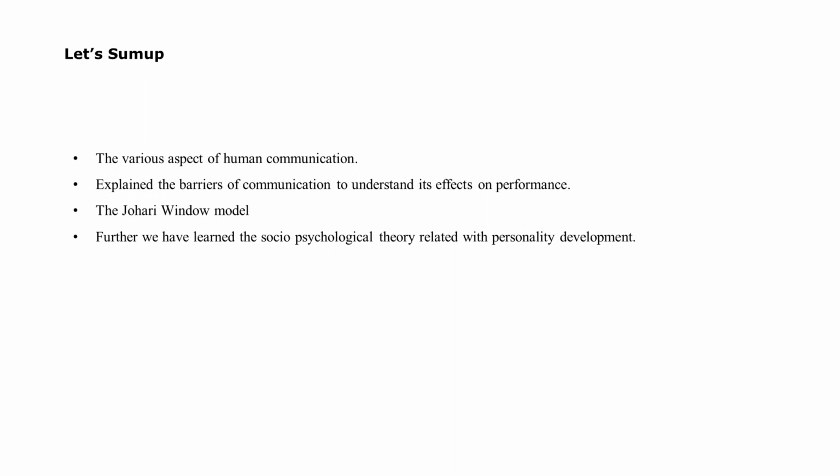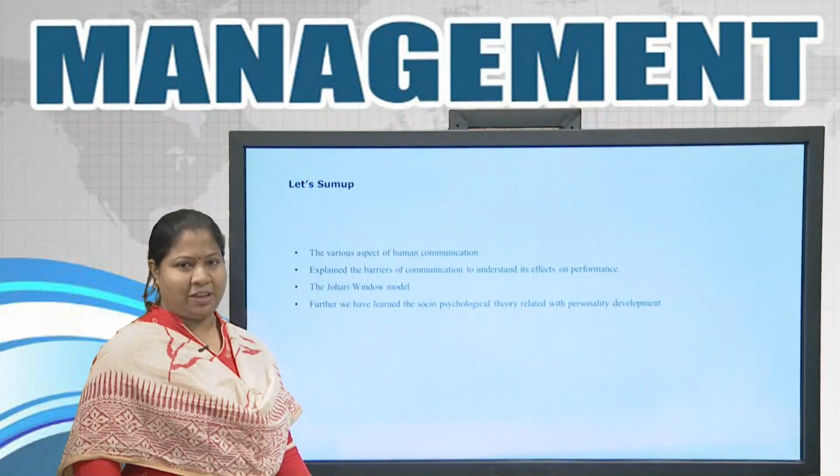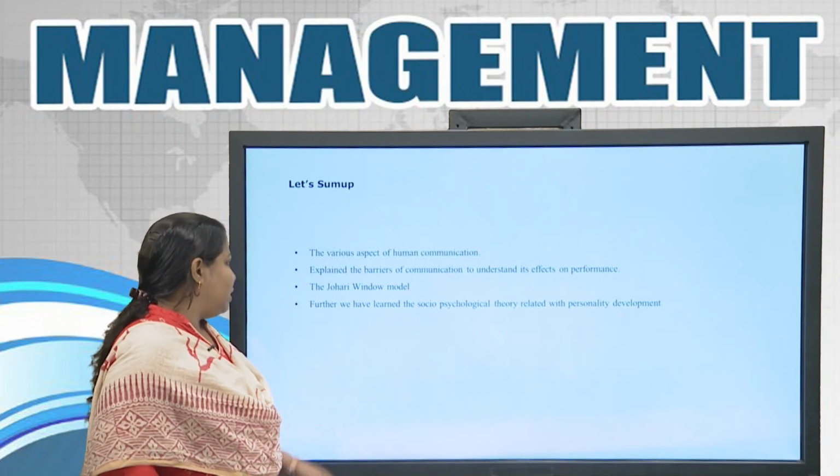Let's sum up. Today we have understood the various aspects of human communication. Then we have explained the barriers of communication to understand their effects on performance. Third, we have studied the Johari model, and how we can apply it in our life.